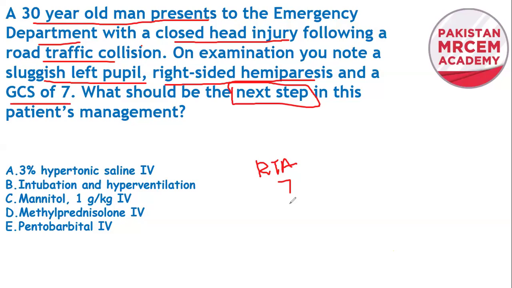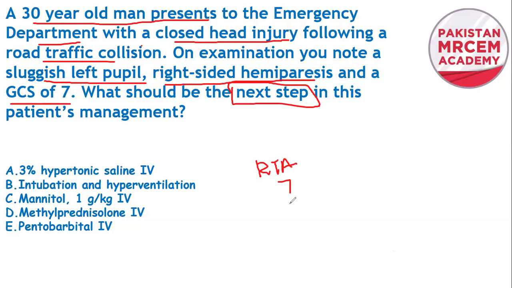So what would be your management? If someone has mentioned LMA and I-gel in the previous question, whenever you do not have a pathway to deliver the oxygen, how will LMA or I-gel work?